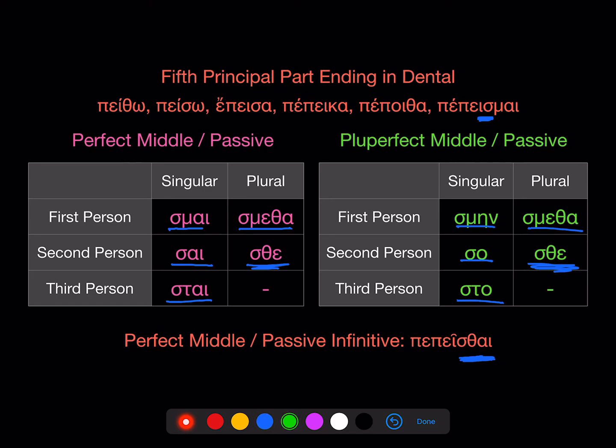Now, something we haven't talked about: all of these fifth principal parts whose stems end in a consonant, whether it's a labial or a dental or a palatal or a liquid, we've left this part blank.